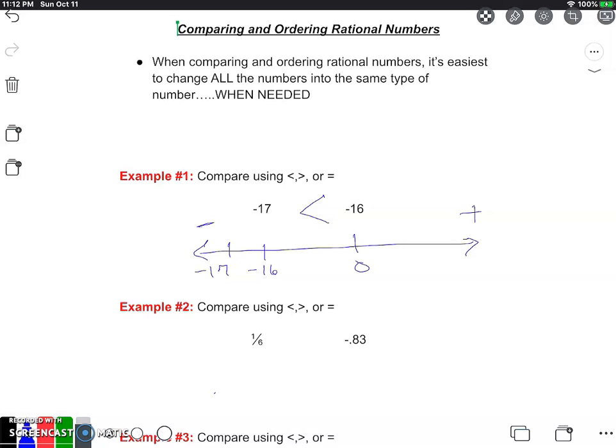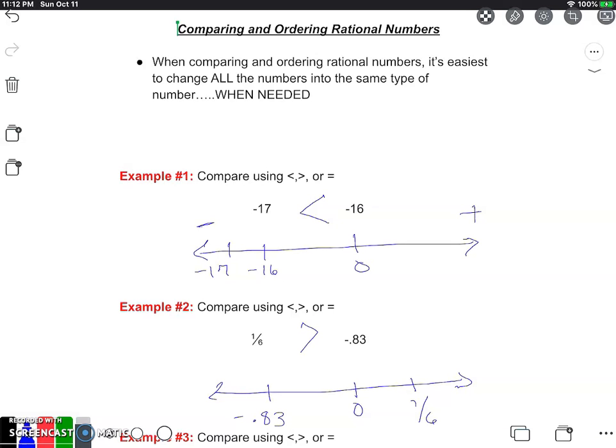When I draw my number line, 0 is right here. I know 1/6, wherever it is, is going to be on the right side, and negative 8,300 is going to be on the left side because it's a negative. Remember, whichever number is on the right is the biggest. So in actuality, 1/6 is going to be bigger.